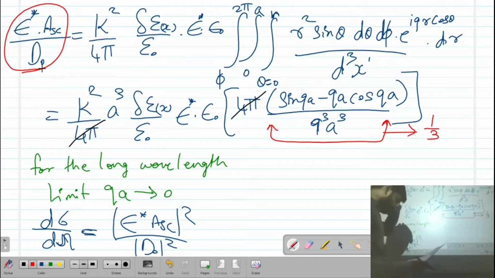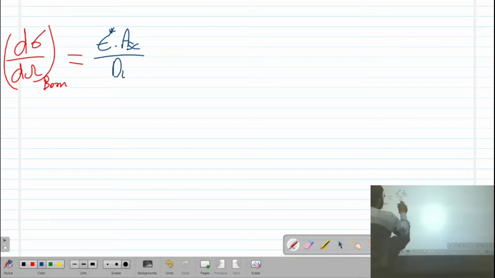The final term given by the Born approximation is just making a square of it, that is ASC by V0 whole square.